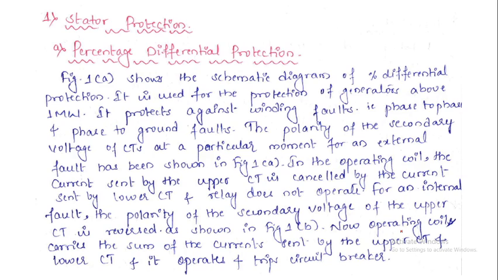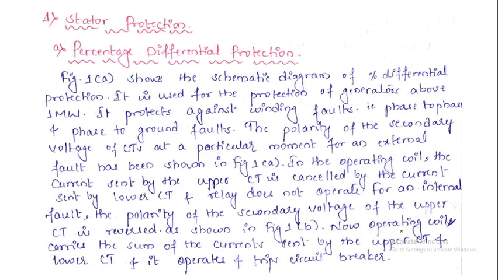So in case of an internal fault, the polarity of the secondary voltage of the upper CT is reversed. Now the operating coil carries the sum of the current sent by the upper CT and the lower CT, and it operates and trips the circuit breaker. The current flowing in that operating coil is because of IA and IA dash.